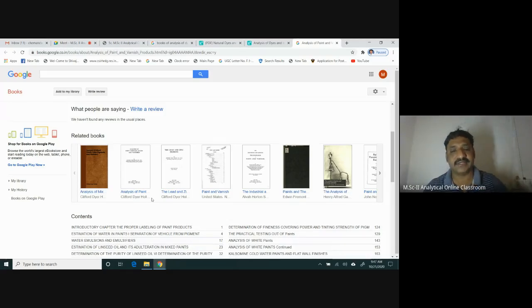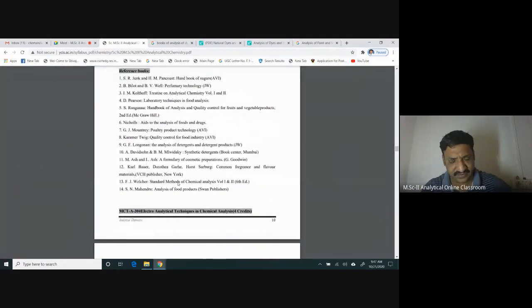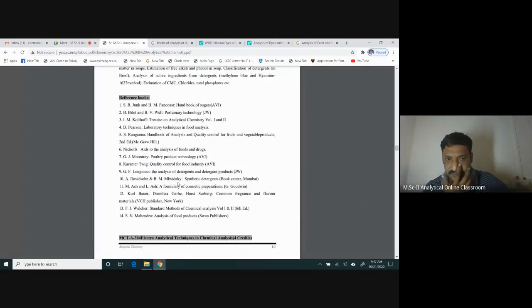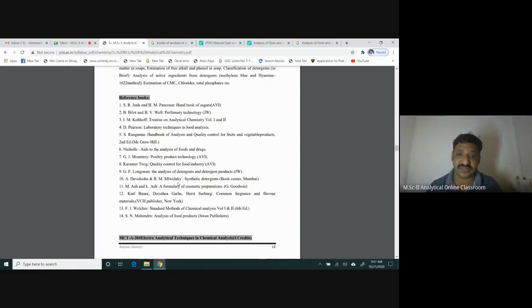Dyer is an important book writer on dyes and paints, and that book is in your list of reference books. Is it included in your reference books? No, sir. Then you tell us, sir, this is the important book for dyes and paints, and it is not included in your syllabus, so next time please add this book. This is the role of a student.